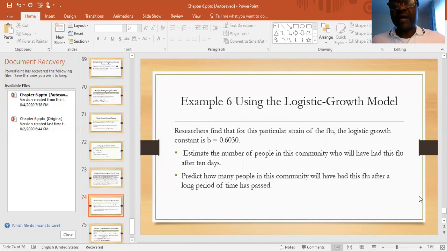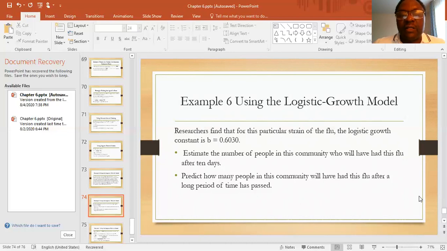Researchers find that for this particular strain of the flu, just like we are going through a flu pandemic, the coronavirus, we may know the maximum population, for example, of the United States is 300 million, so that will be our C. This is how we set up the logistic growth model.